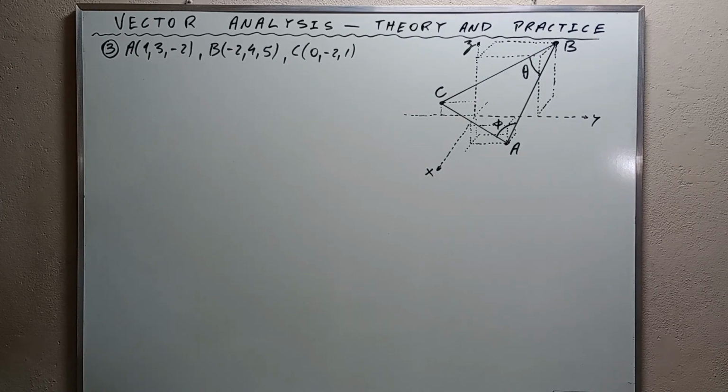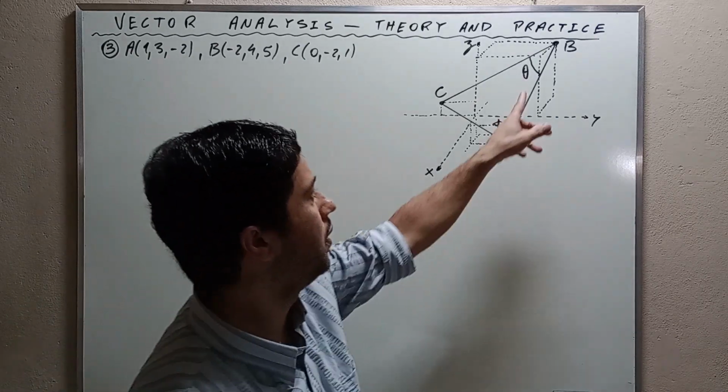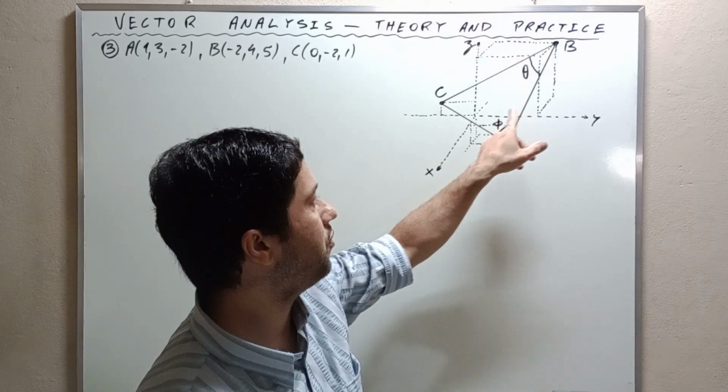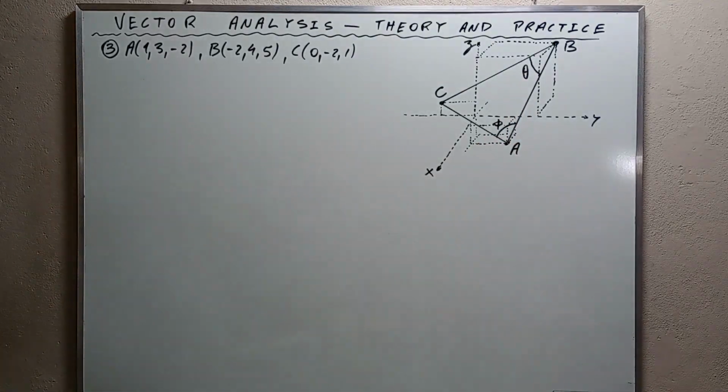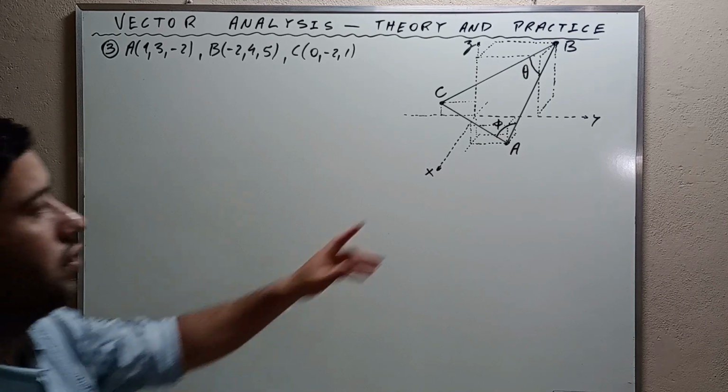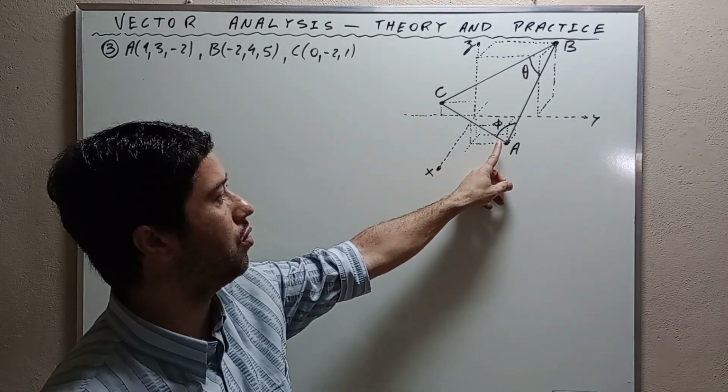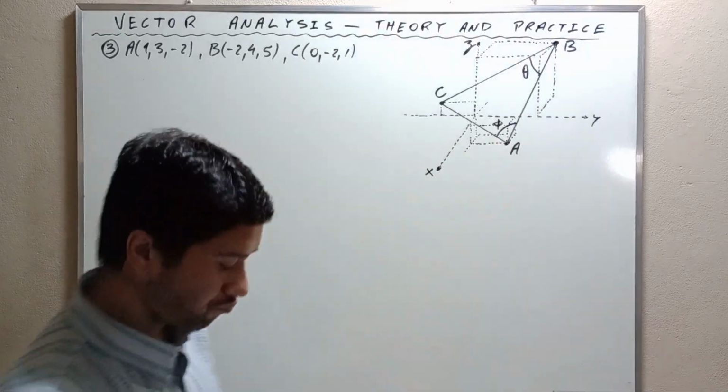Okay? And the problem wants us to find these angles theta and phi using the definition of the dot product. So let's go. Let's find first this angle here, angle phi.